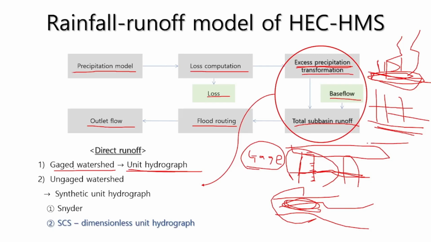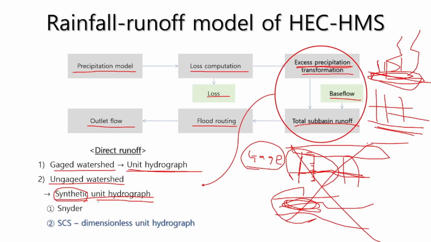So for an ungauged watershed, we don't have any of these, so we have nothing. In that case we have to use a synthetic unit hydrograph. So we have to use a unit hydrograph that can be made by using some mathematical methods. So it's not natural, it's made up. That's why it's called synthetic.